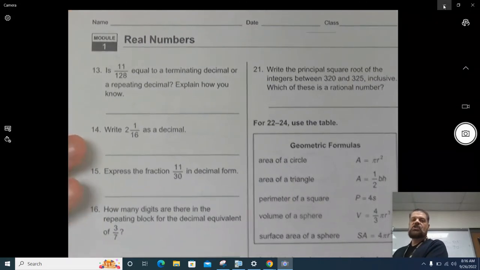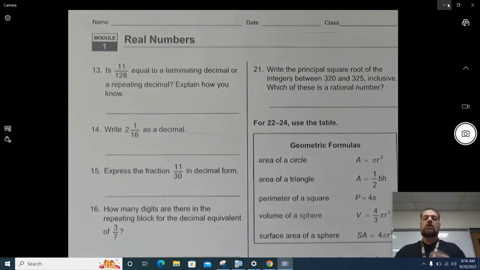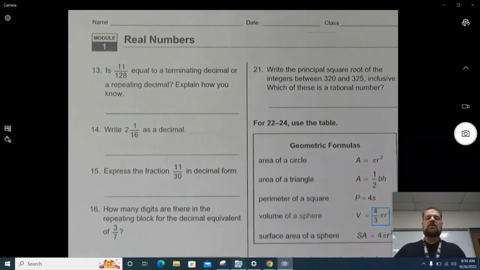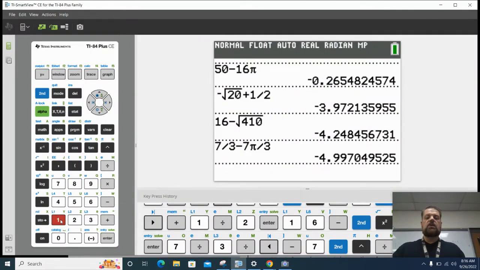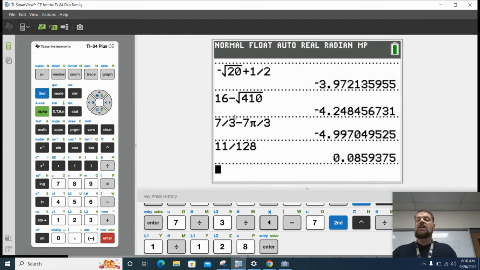All right. It says, is 11 over 128 equal to a terminating decimal or repeating? Explain how you know. Well, what we need to do here is plug it in the calculator. So it was 11 divided by 128. Hit enter. Does that end? Yes.